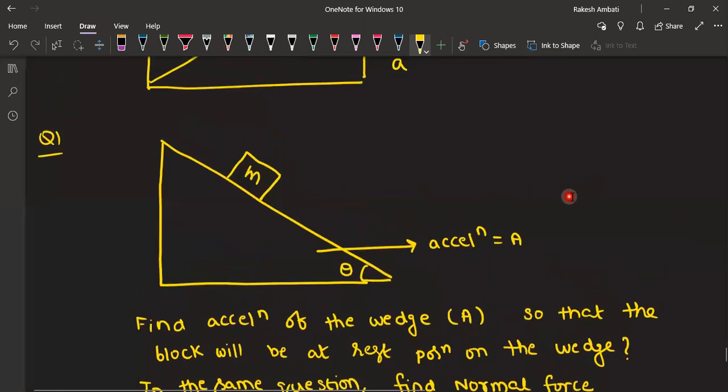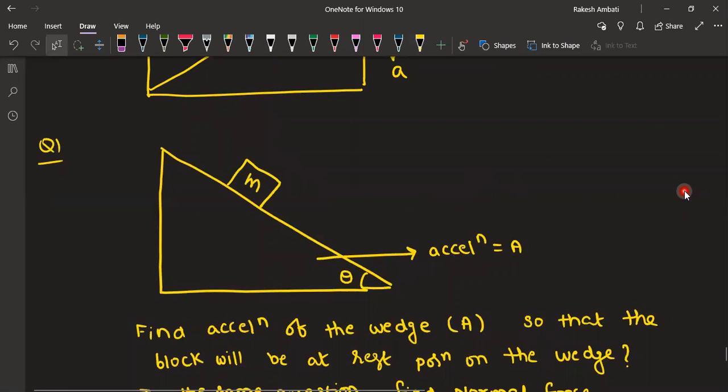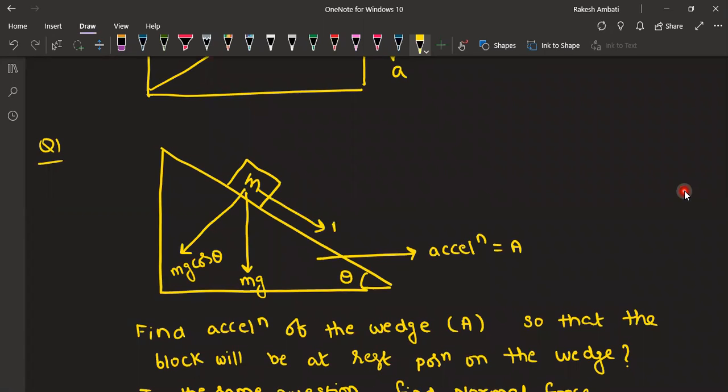So very simple one. In this question, m is the mass of the block, so its weight mg acts vertically downwards. Now this component is mg cos theta, and this component is mg sin theta, then after it is the normal force acting on the block.